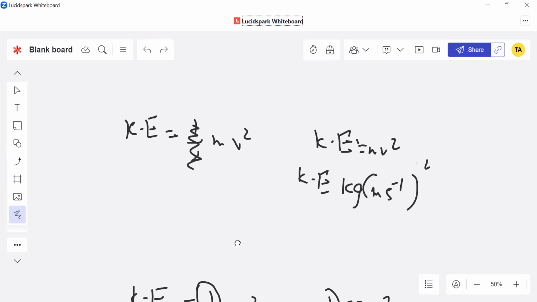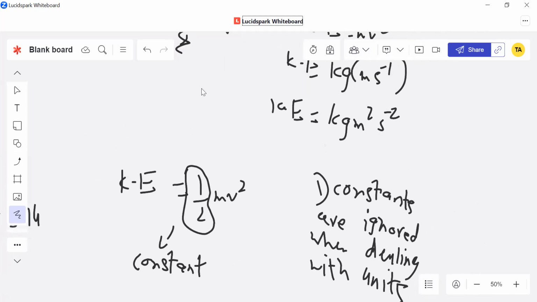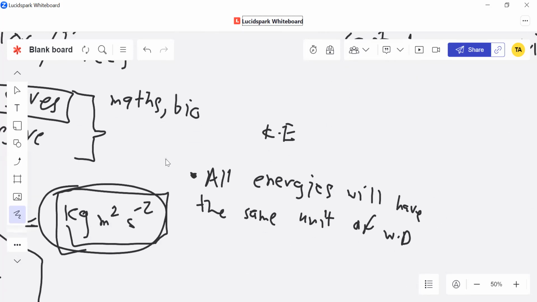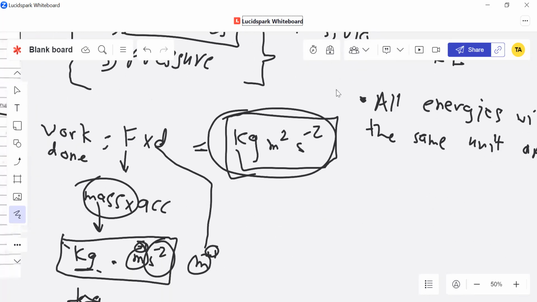So when I simplify this, kinetic energy would be kg. This m will multiply by 2 and I get m2. So kg m2 and s negative 1 multiplied by 2 will give me s negative 2. And here you go, kg m2 s negative 2. And where is work done? Work done is right here, kg m2 s negative 2.